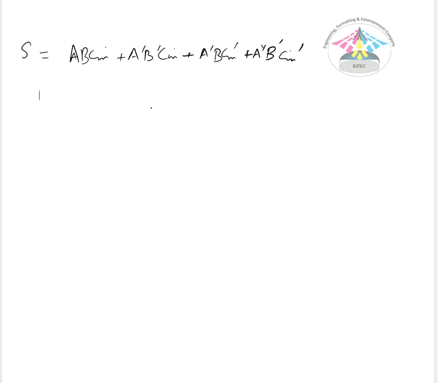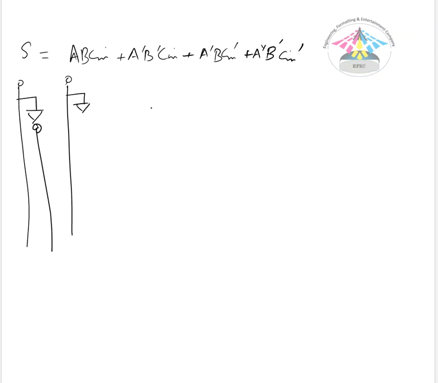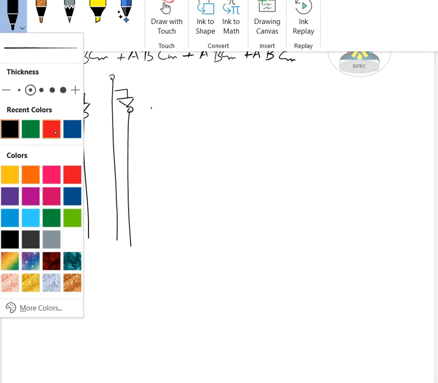Now let's first implement it. Since we need the complement of all the inputs, I'm going to add the NOT gate to all of these inputs. So this is what we have as the input.